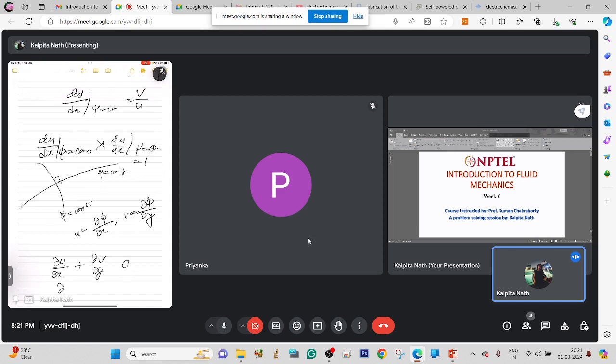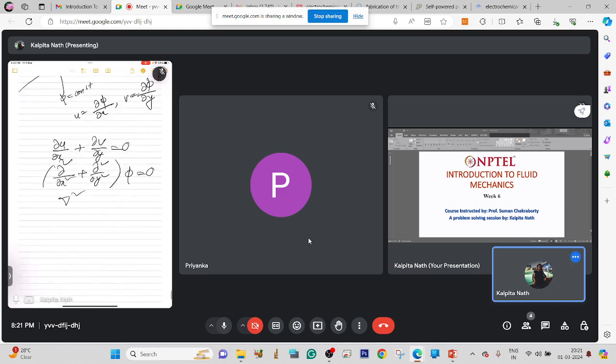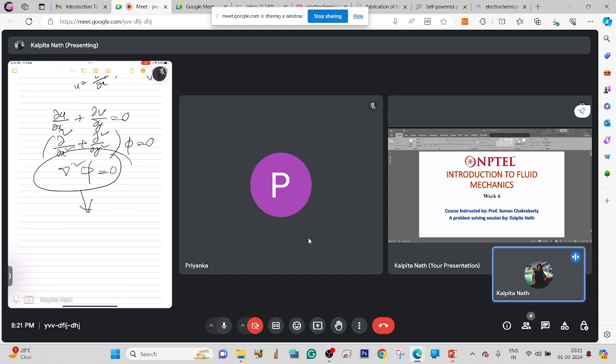So this will be del square phi by del x square plus del square phi by del y square is equal to 0. That means del square phi is equal to 0, so this has to satisfy the Laplace equation. And if the flow is irrotational, that means del u del y minus del v del x is equal to 0.